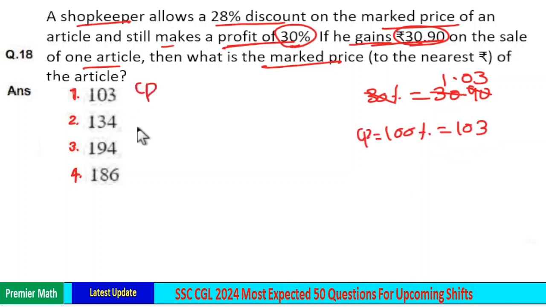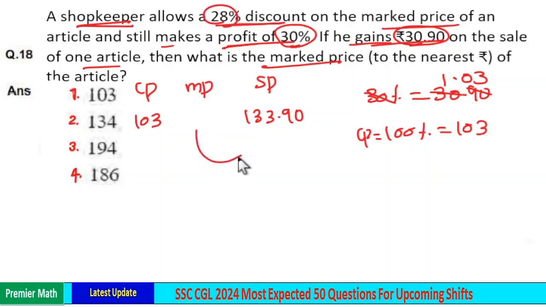Now, if the cost price is 103, then the sell price is equal to 103 plus 30.9, which is equal to 133.9 rupees. Now, here, the shopkeeper allows 28% discount on the mark price. That is, when he allowed 28% discount on this mark price, it leads to this sell price 133.90.